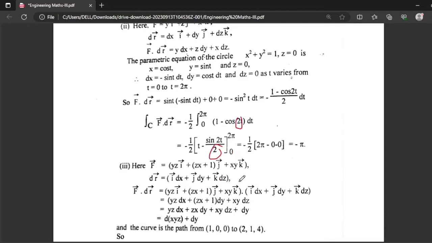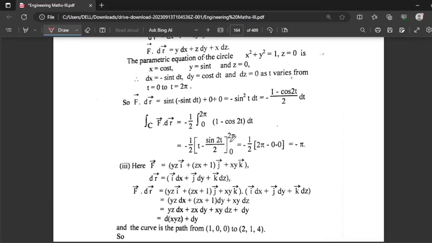Substituting the upper limit, 2 pi, with minus 1 by 2 outside, it is 2 pi minus sin 2 pi which is 0, so 2 pi minus 0, and substituting the lower limit 0, it is 0 minus sin of 0 which is again 0, so the 2 cancels, and negative pi is the answer.